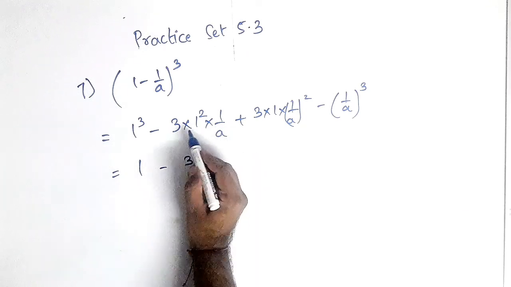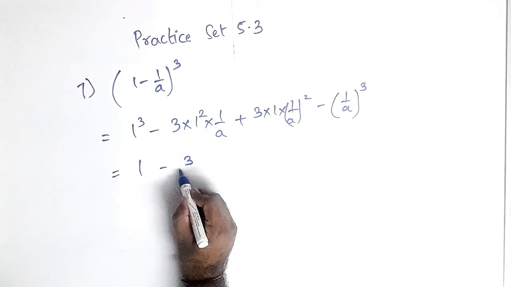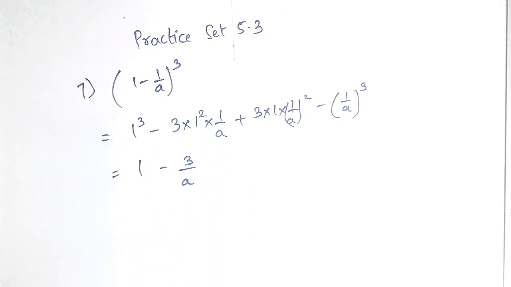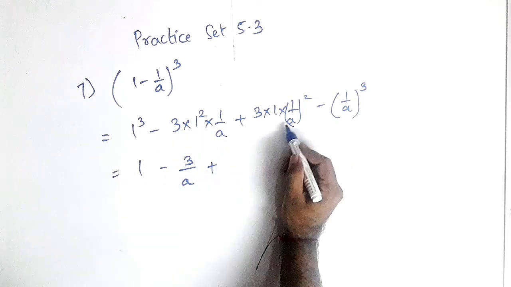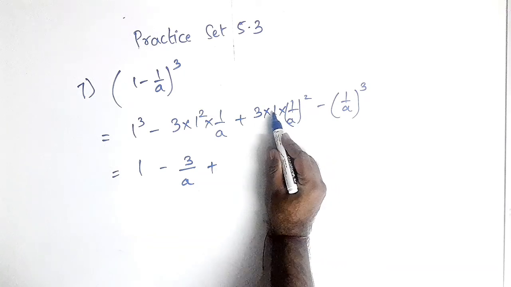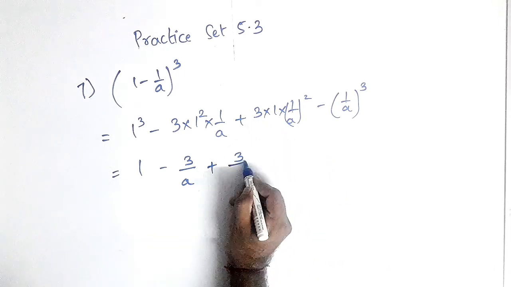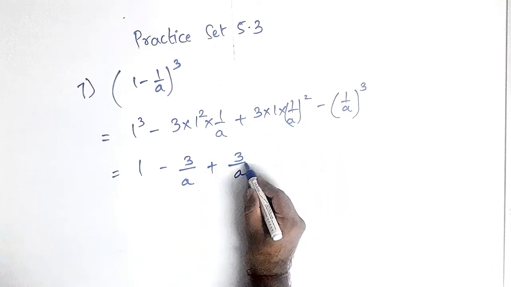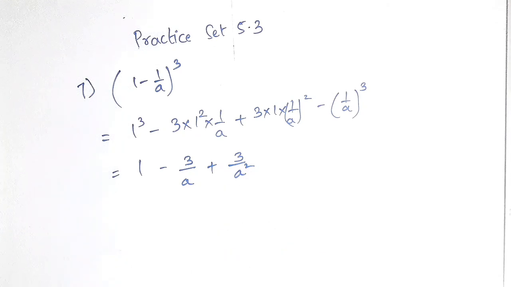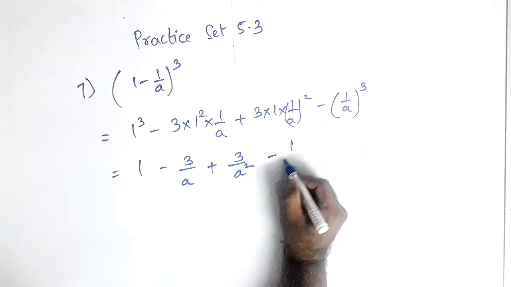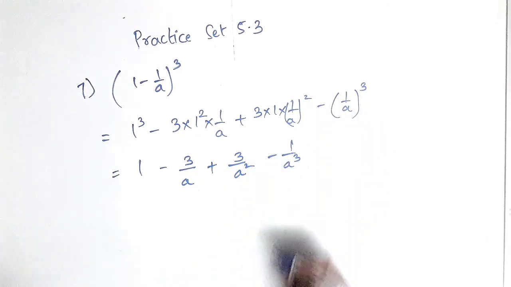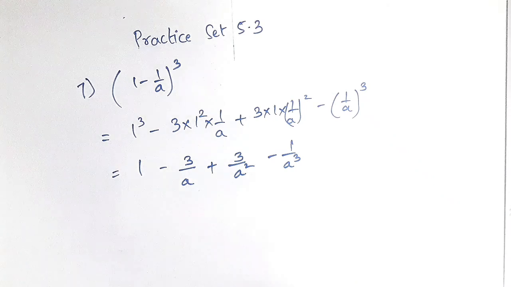Numerator you have to multiply. 3 ones are 3, again 3 ones are 3 upon a. Okay, plus here this will become 1, 1 into 1 into 3 is 3 upon this will become a square. Okay, minus 1 cube is 1, a cube is a cube. Okay, so this was your seventh one. Let us move on to eighth one.